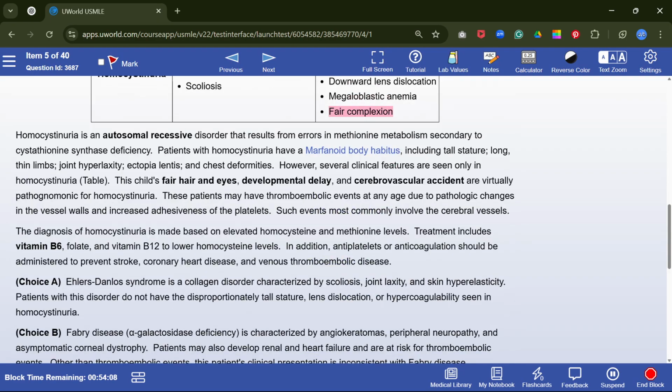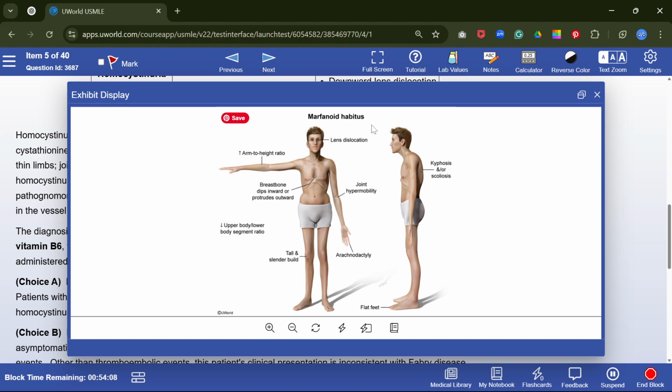In homocystinuria, patients may have Marfanoid body habitus, they may be tall in stature. This is Marfanoid habitus, increased arm to height ratio.